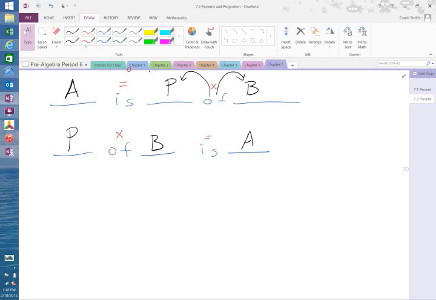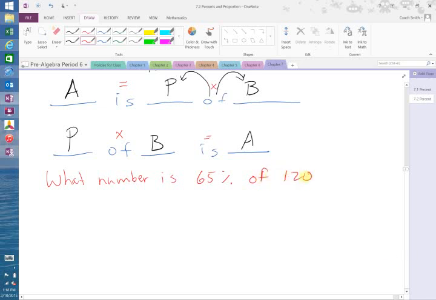For example, what number is 65% of 120? The first thing I always do with sentences like this is find the of, because I know from memorizing it that the P and the B are going to be on either side of the of.